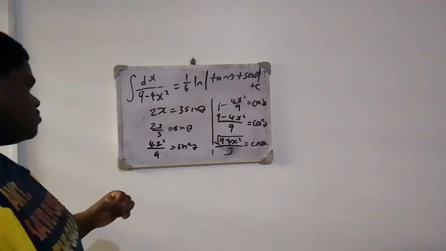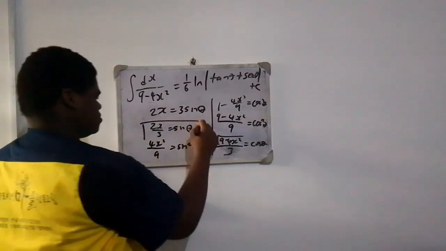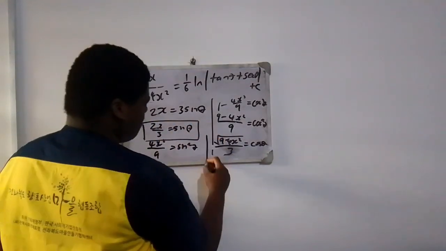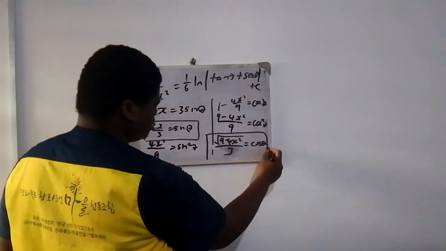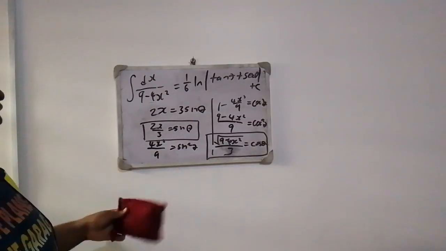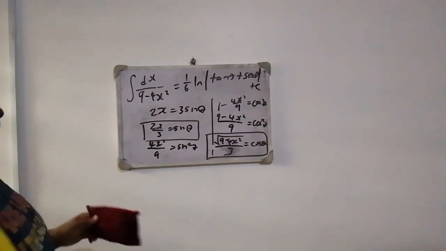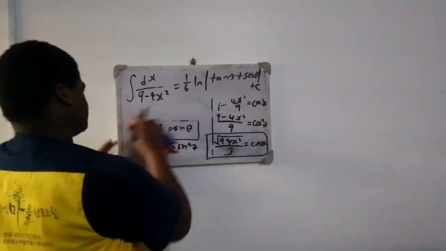Okay. So now we have 2x over 3 is equal to sin theta. And we have the square root of 9 minus 4x squared over 3 is equal to cos theta. I think this is basically enough for us to use to solve this question. So I'm just going to write this over here.